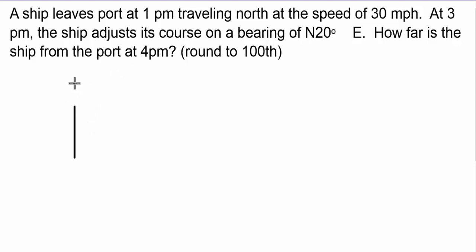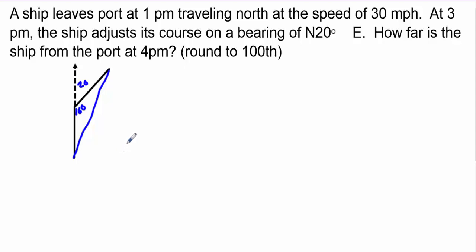So north 20 degrees east puts me somewhere like this over here, where I have this invisible dotted line, if you will, right here, and this angle of 20 degrees here, which puts me in this situation where I have 160 degrees at this angle.